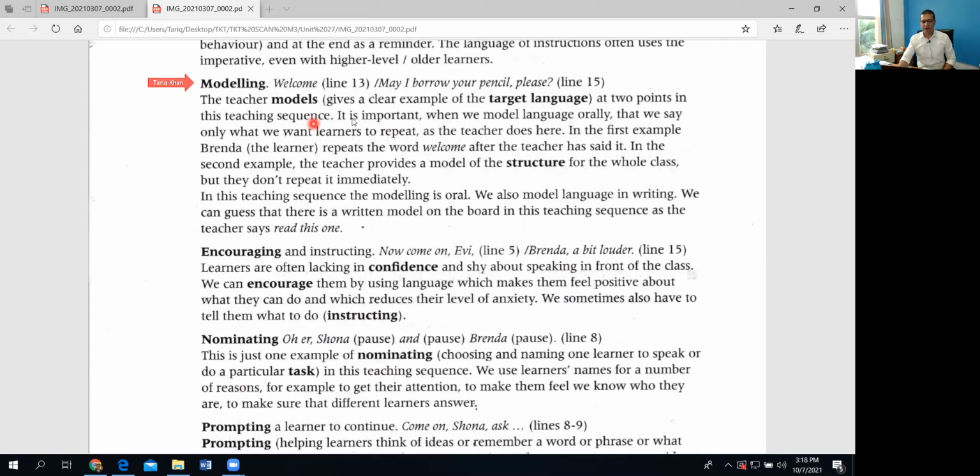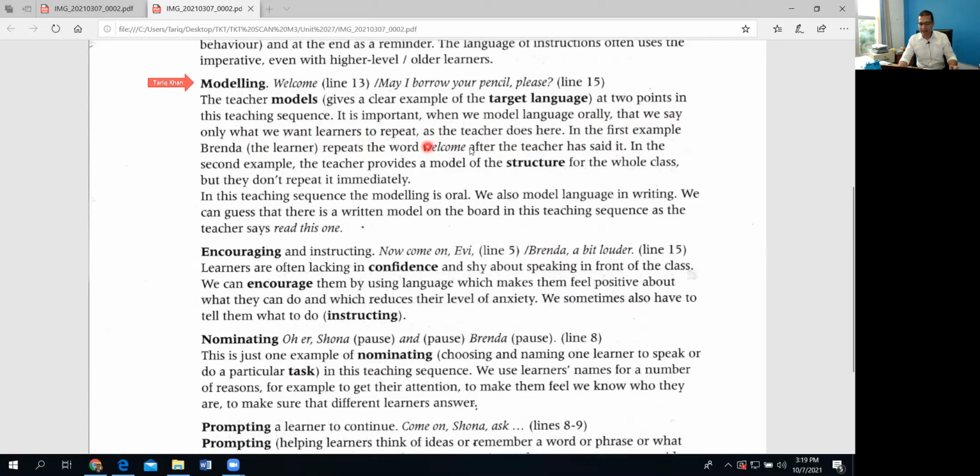It is important when we model language orally that we say only what we want learners to repeat, as the teacher does here. Now this is the thing you have to note down. When we model language orally, what is our purpose? That we say only what we want learners to repeat.